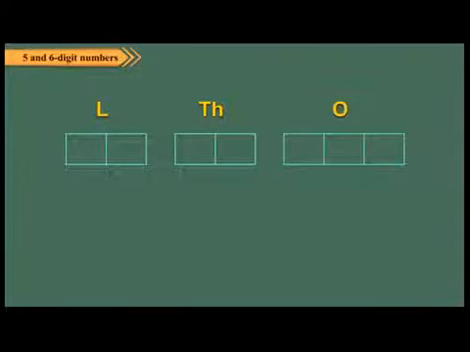First of all, make 3 periods: lakhs, thousands and ones, as shown. Write all lakhs in the lakhs period. We fill all parts. For example, if it is 5 lakh, we write it as 05. Now write all thousands in the thousands period. Again, we fill all the parts.